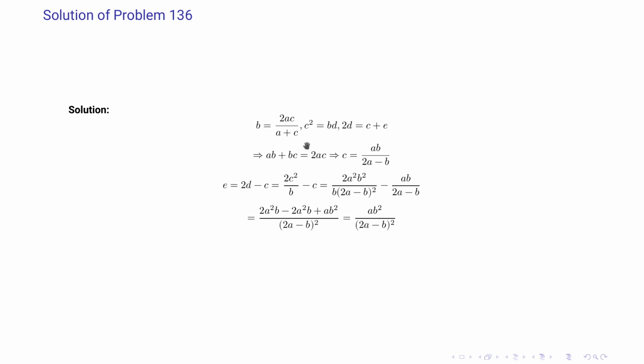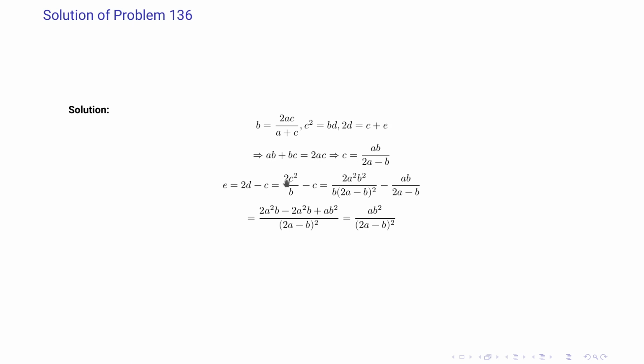Now, okay, how do we go about this? So from this relationship, we have ab plus bc is equal to 2ac. So we take bc this side, we get c is equal to ab by (2a minus b). Now e is equal to 2d minus c.